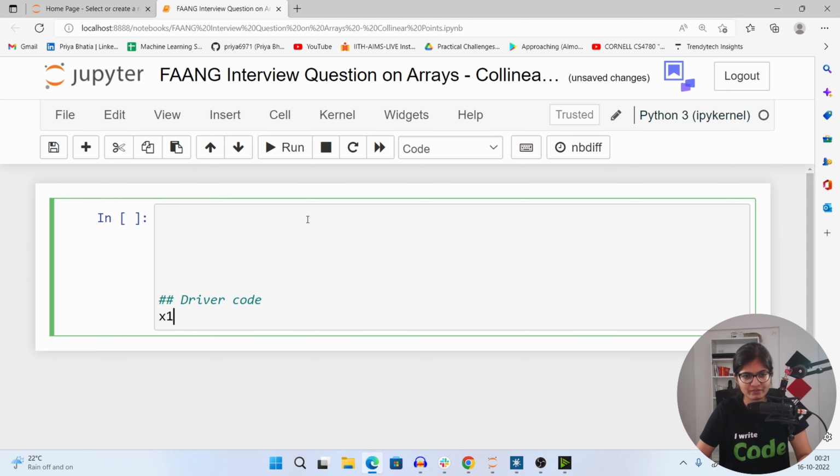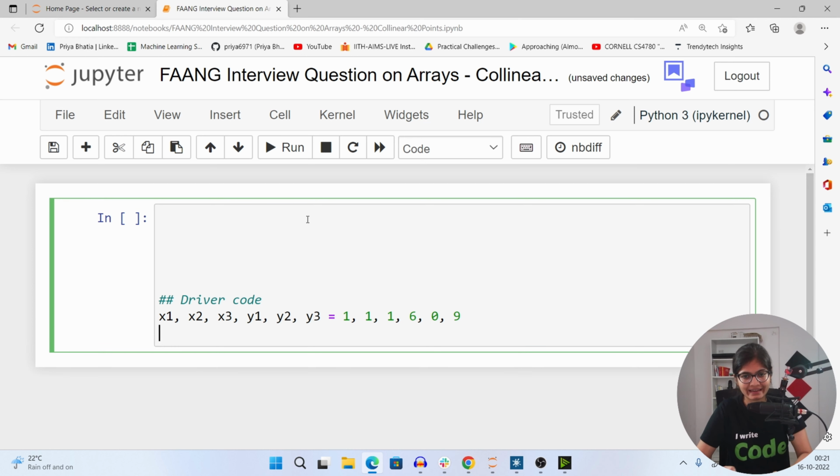For example, we must have x1, x2, x3, y1, y2 and y3, and the points will be, for example, 1, 1, 1, 6, 0 and 9. Now you will call the function which will check for collinear points, or you can say is_collinear_points, because it is basically checking whether the points are collinear or not.